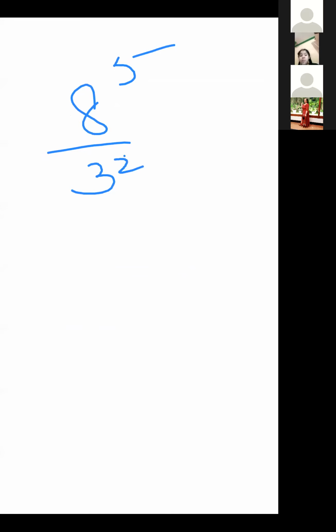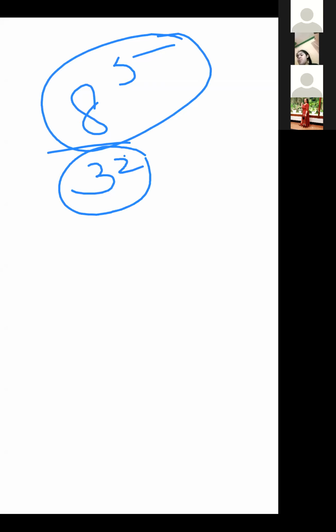Now, second concept, mute yourself. Second concept is, if I write 8 upon 3 raised to power 5 only, or if I write 2 here, it means 5 is related to 8 only and 2 is related to this 3 only. Okay, because there is no bracket.